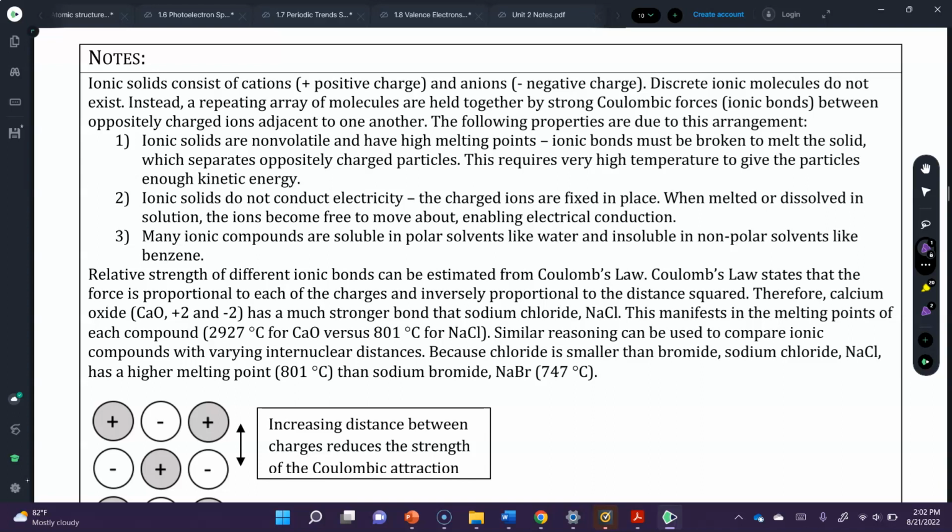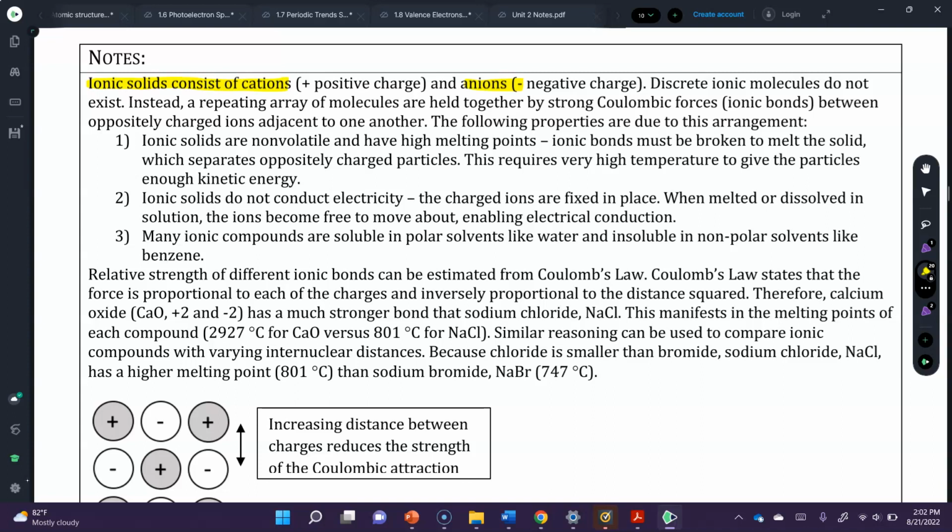Ionic solids consist of cations and anions. Discrete ionic molecules do not exist. So for sodium chloride, you don't have one little sodium ion hanging out with one little chloride ion.